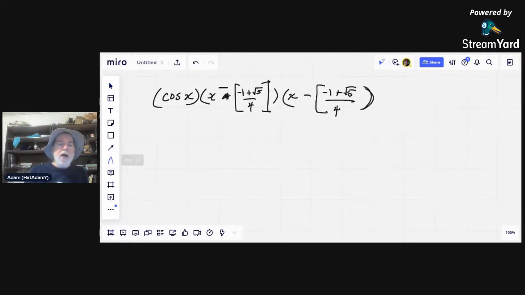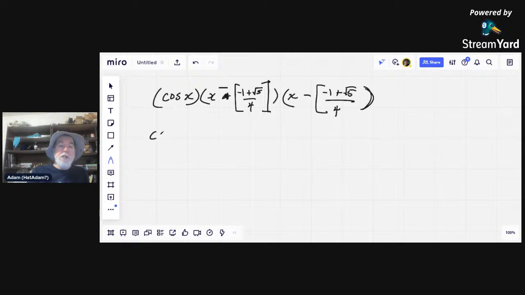So let's go back to the question of what are the factors of this. So cosine x. There's two. What are the zeros? There are two places when this is 0. And here's the problem: I've got this x, and I'm using it for two things, giving it two meanings, and that's really bad.